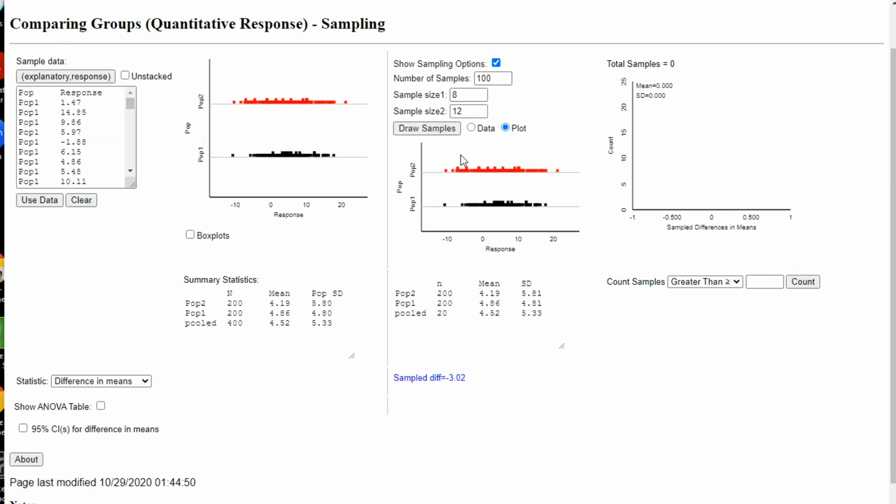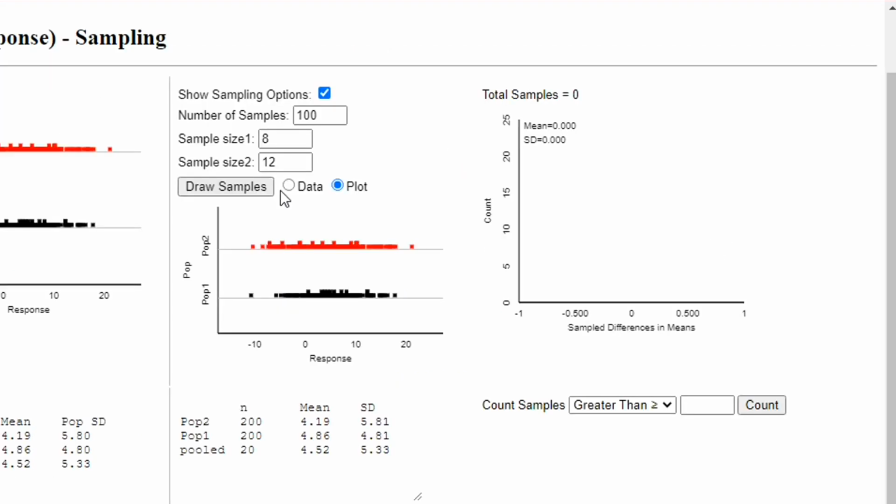And what we're going to be doing is taking random samples from each and then generating a simulated difference of sample mean, sample distribution. So you notice one of my sample sizes is 8. The other sample size is 12. So they're not the same sample size.